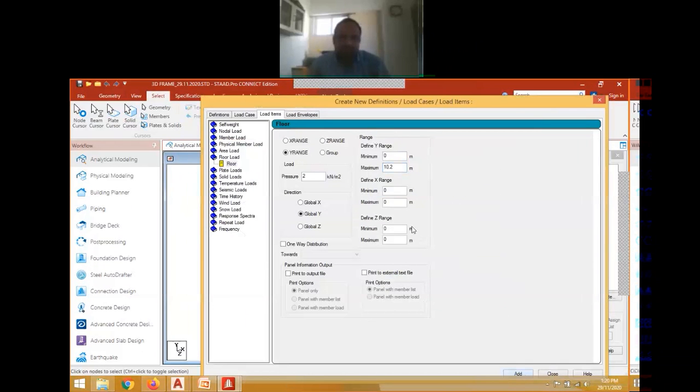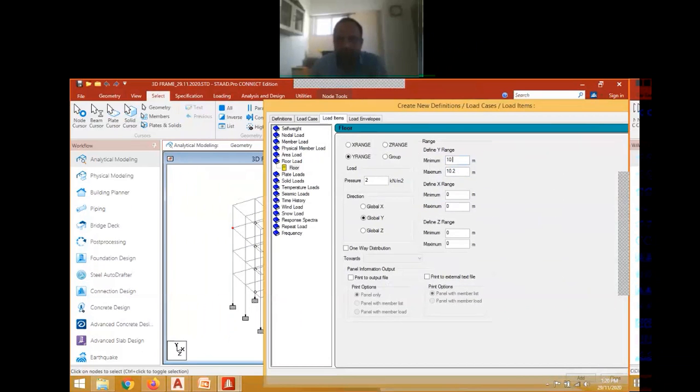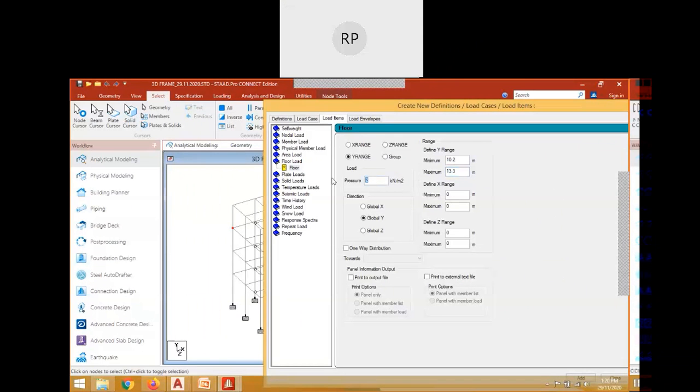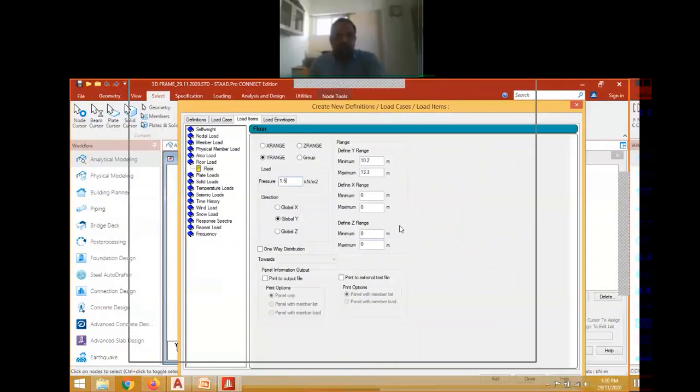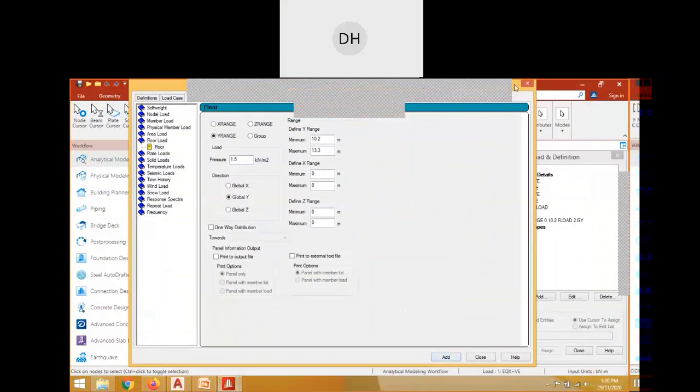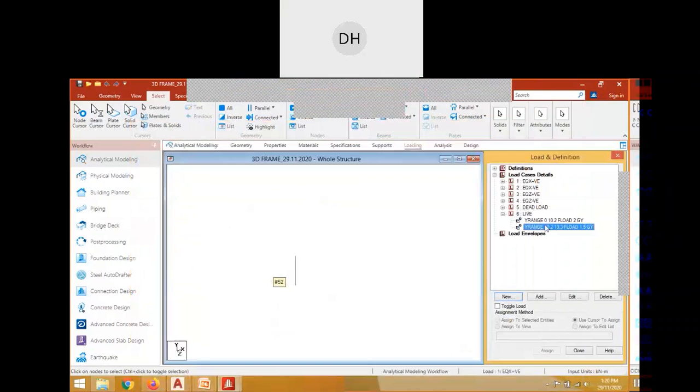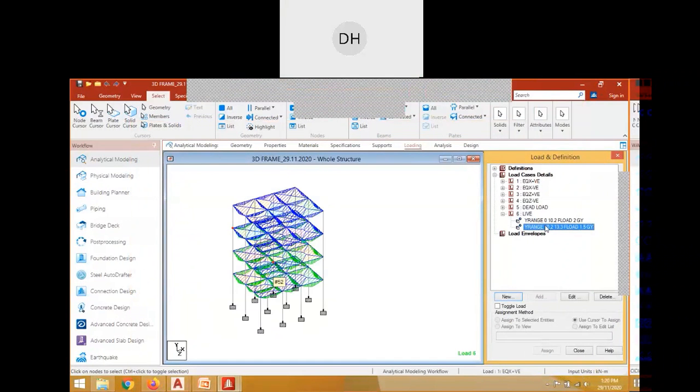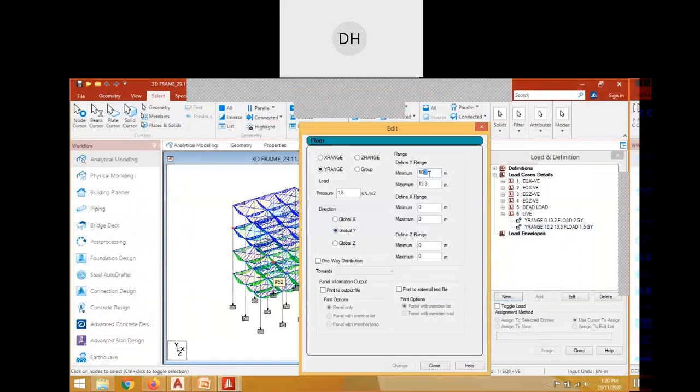So say 10.2 here, and say add. This is the first load. Second, I want from 10.2 to 13.3, intensity equal to 1.5. So this is another level. Just say add. Okay, so let us check whether these loads are properly generated. I think something is wrong here.